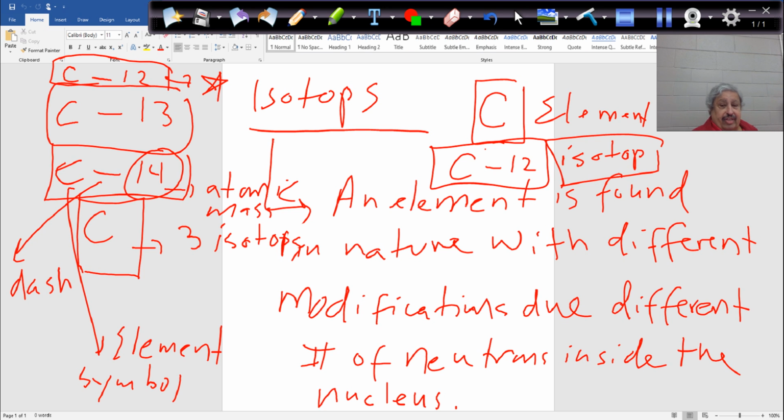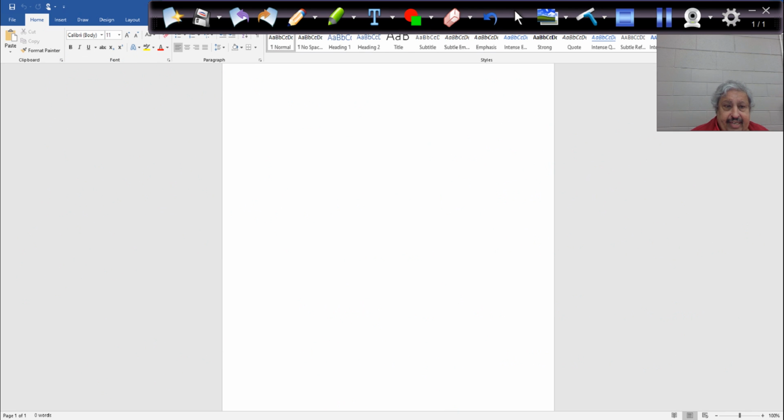So let's look at the number of protons, neutrons, and electrons. We see they have different neutrons, correct? So we'll make a small tiny table. This is an element here first, by itself.